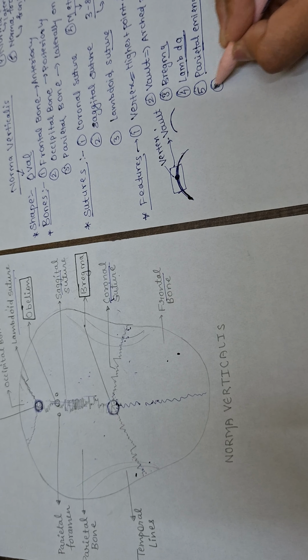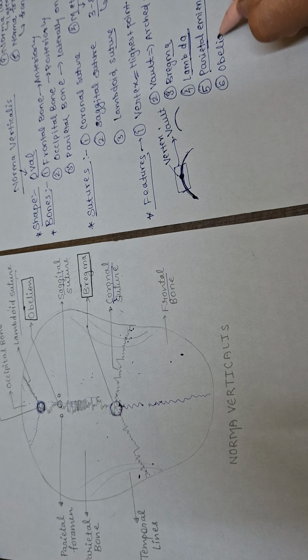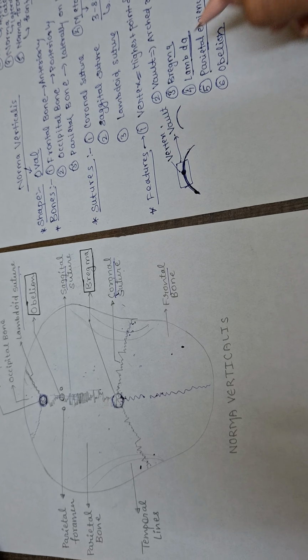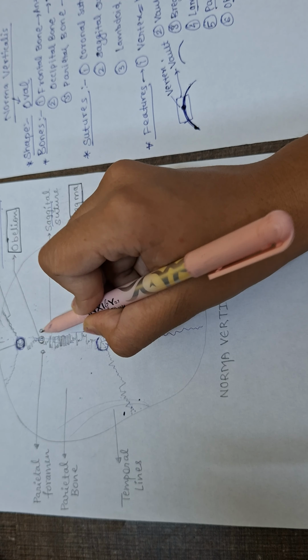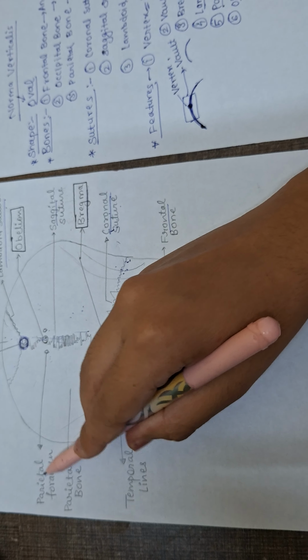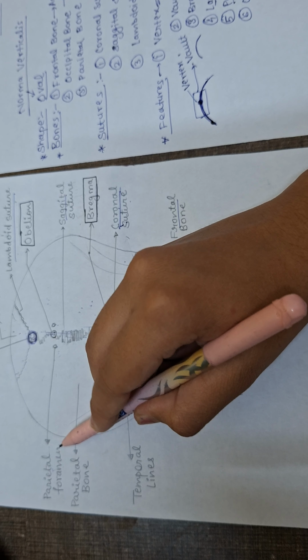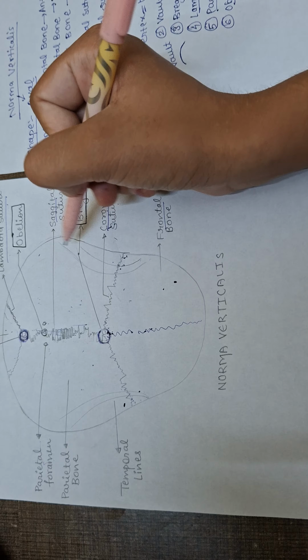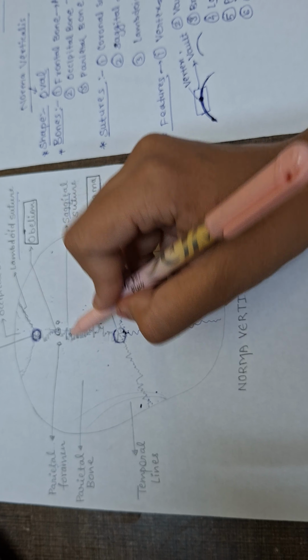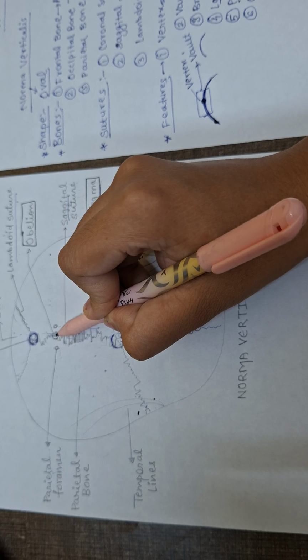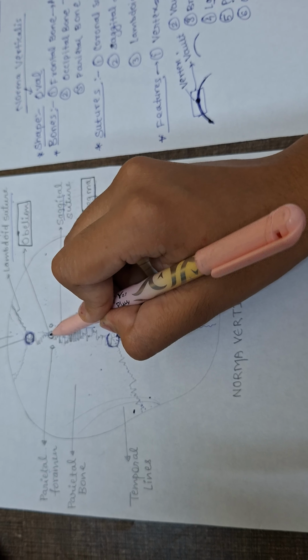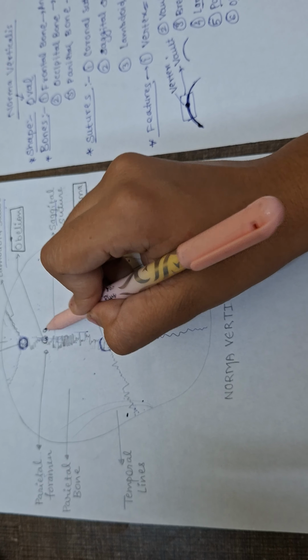Then another feature that we have is the obelion. Now this obelion is the point which is present between two parietal foramina. These parietal foramina are for emissary veins, and they are present in the parietal bone. The point which is present in between these, on the sagittal suture, not anywhere else, is known as the obelion.